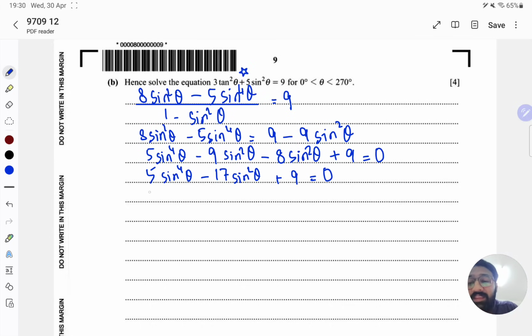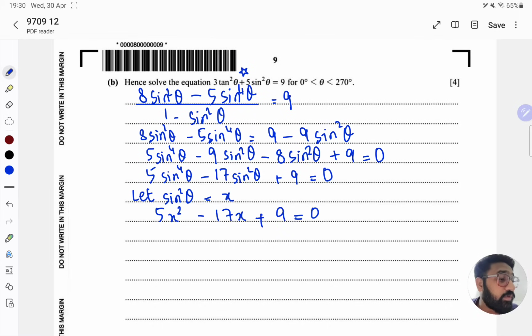So let's make it easy. Let's put sin square theta equal to x. So the equation will become 5x square minus 17x plus 9 equal to 0. All we need to do is the middle term breaking. So 5, minus 17 and plus 9.